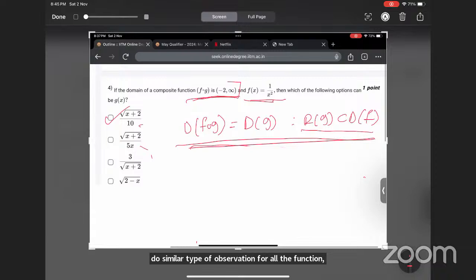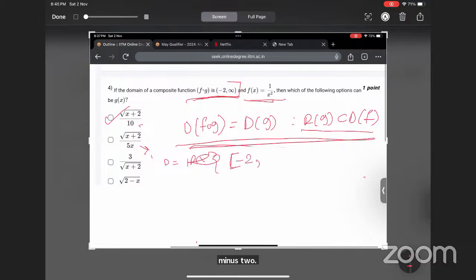What is the domain here? -2 to infinity, including 0, right? So what will be the range?